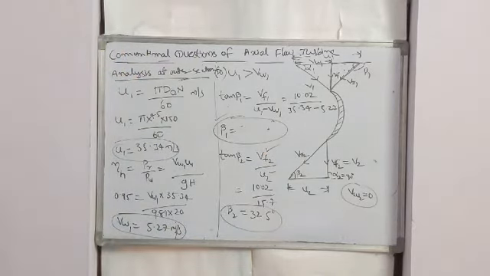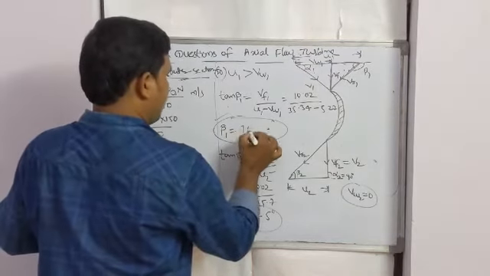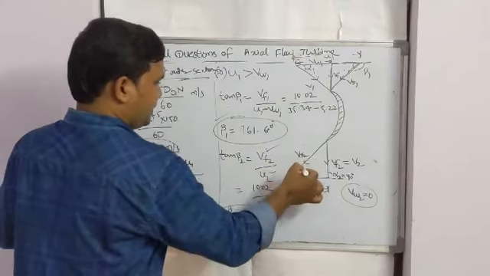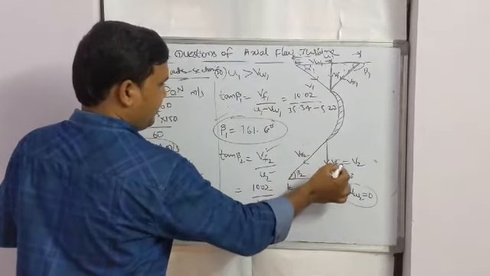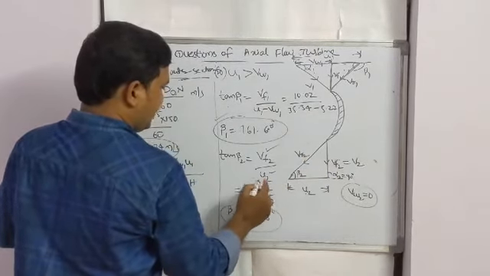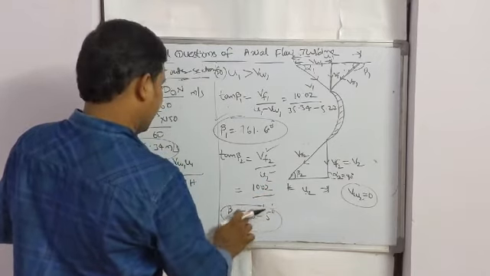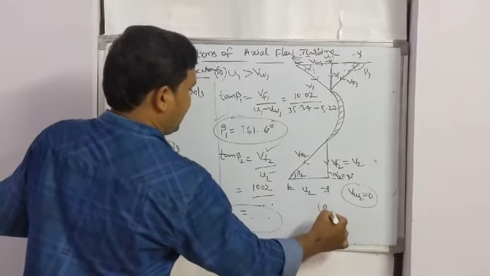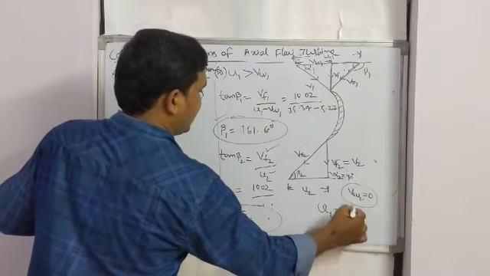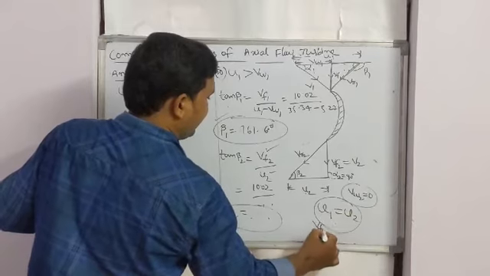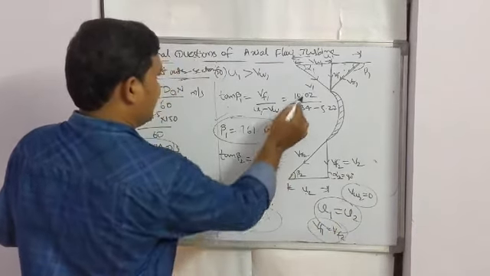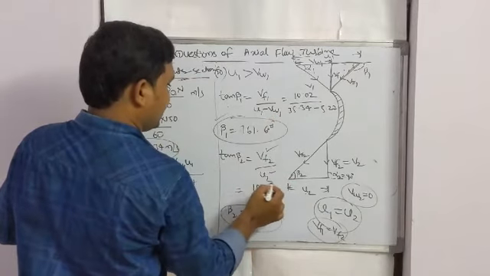The inlet triangle will be the same. Then beta 1 is 161.6 degrees. Again tan beta 2 is opposite side by adjacent side, VF2 by U2. Again VF2 is the same, U2 is different here. What is U2? U2 is the same as U1 in a Kaplan turbine or axial flow turbine. Again VF1 and VF2 will be the same, that is 10.02.